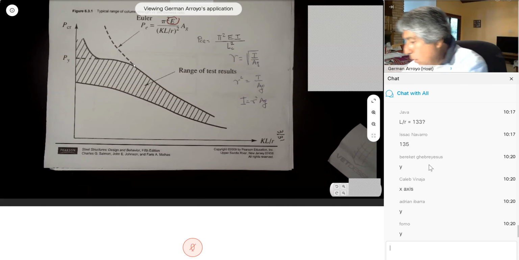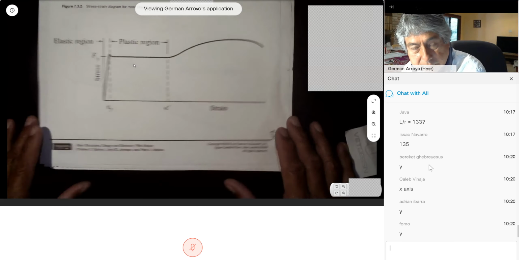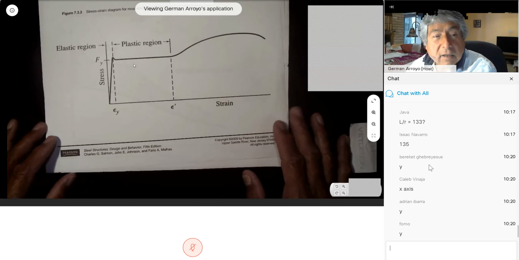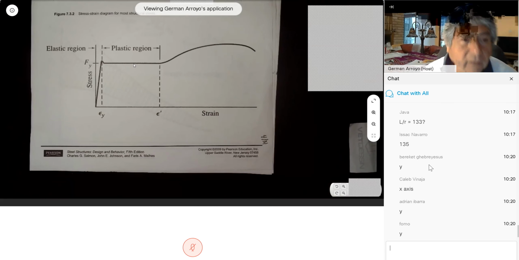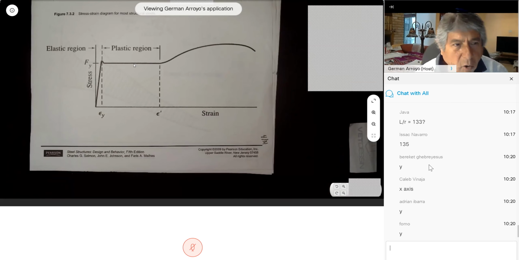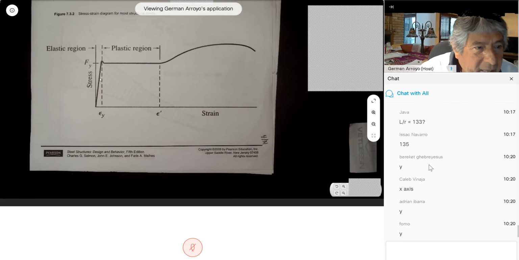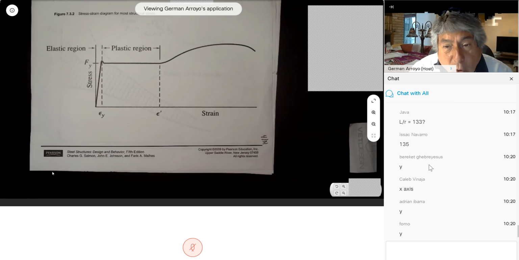on page 4. This is a typical stress-strain diagram that we find in all the textbooks we did before, when we learned about yielding and rupture. We look at this, and there is an elastic region and a plastic strain hardening region. For small values of KL over r, a portion of the cross section has reached this value. For large values of KL over r, it's always elastic.